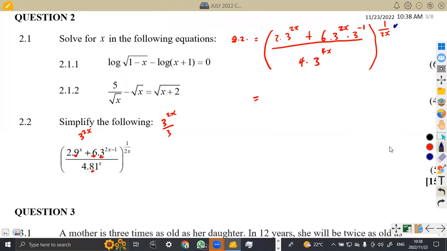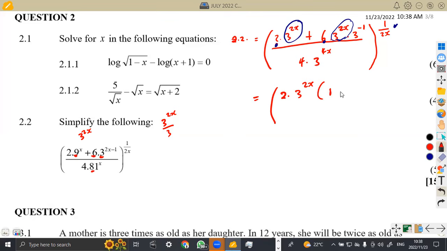From the numerator, which is the top part that we have here, we've got 2, which is common, from 2 and 6. Also 3 to the exponent of 2x is common. So you can factor out that. So that means we can factor out 2 by 3 to the exponent of 2x. What do we remain with if we factor out this?